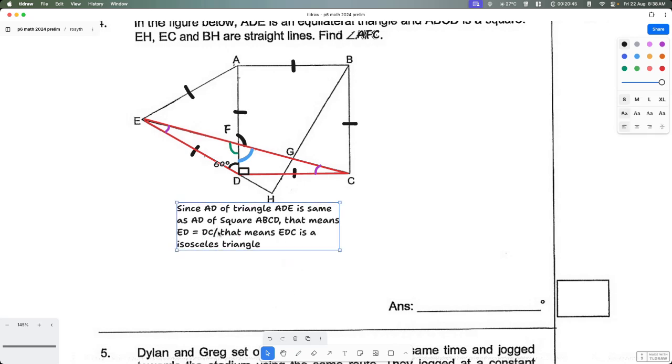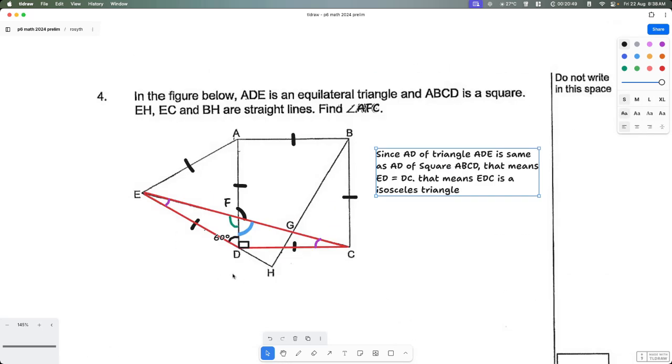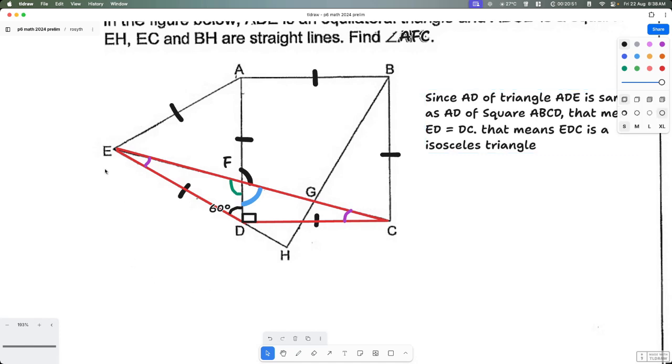So let's get started. First we can get angle ECD. Angle ECD is equal to 180 minus 60 minus 90, and then we divide it by 2.